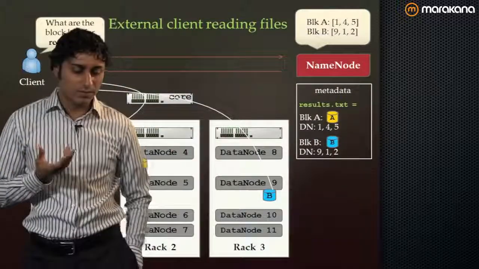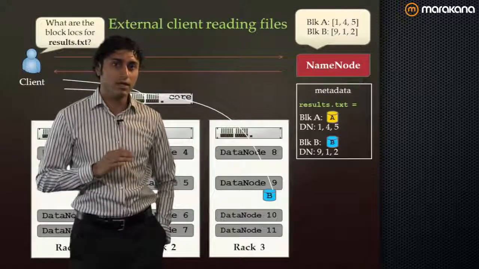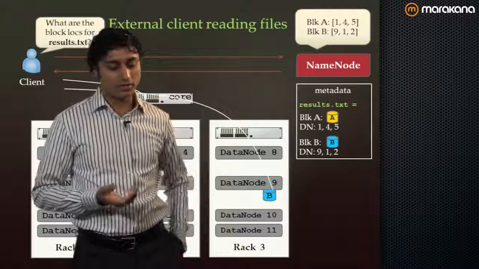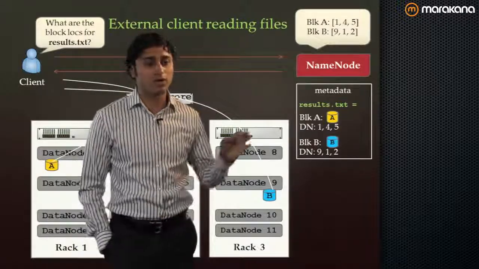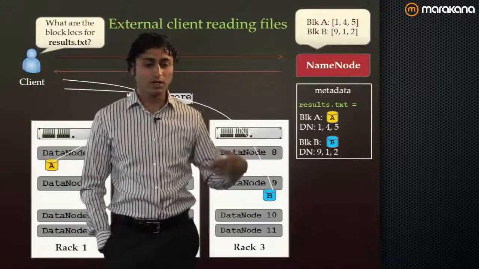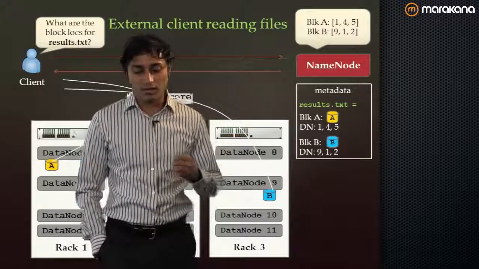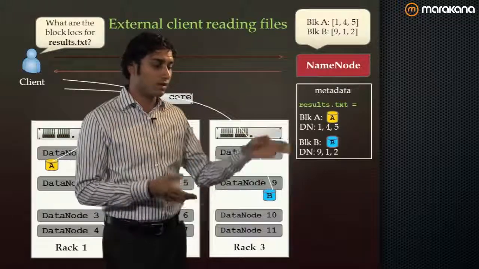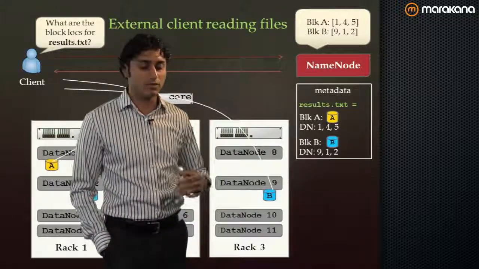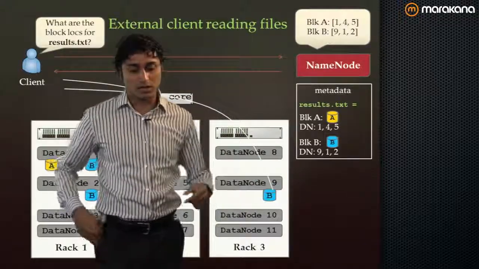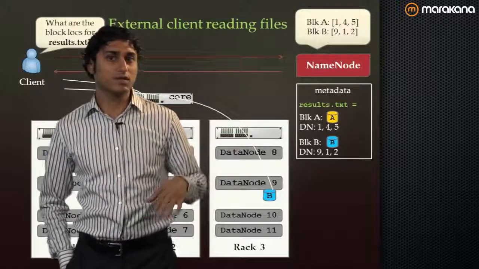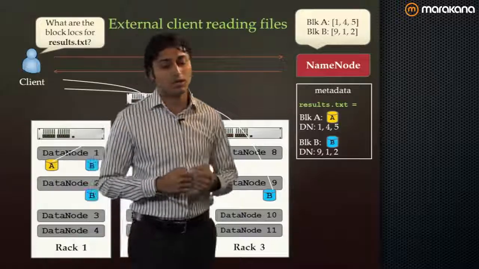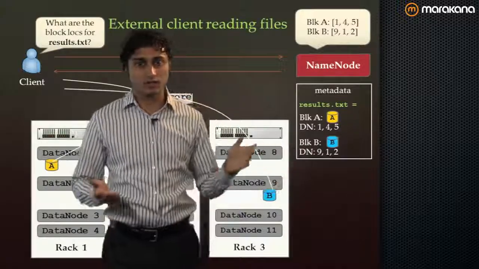You can think of the name node kind of like a bookkeeper in a library. So, in a library, if you want to find a book, you're not going to go randomly from shelf to shelf looking for the book. That would take too long. Instead, you prefer to go to a cupboard and you open up a drawer in which there are a bunch of index cards which have all the books in the library organized by like author's last name or the title in descending order, for example, right?